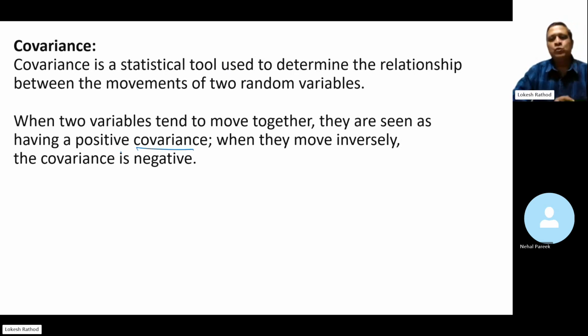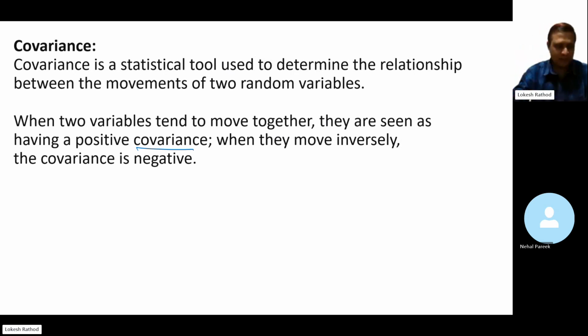And when they move inversely, we can say covariance is negative. For example, you increase the price of a product, sales decrease. They are moving inversely, so covariance is negative.